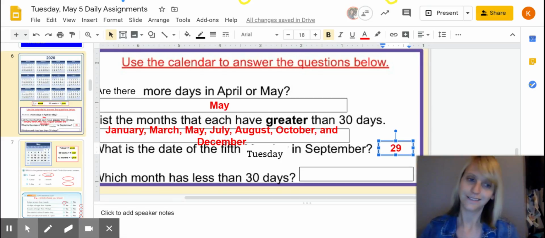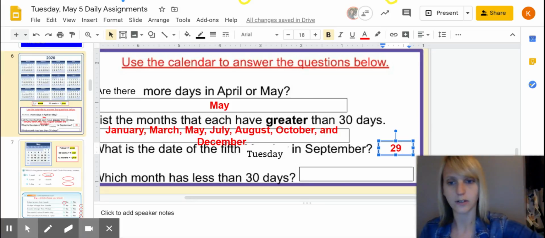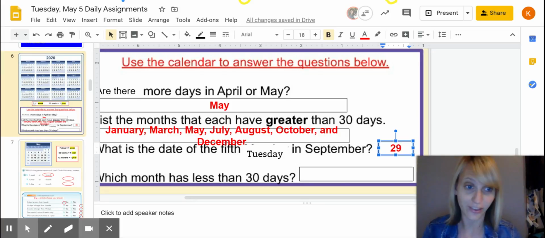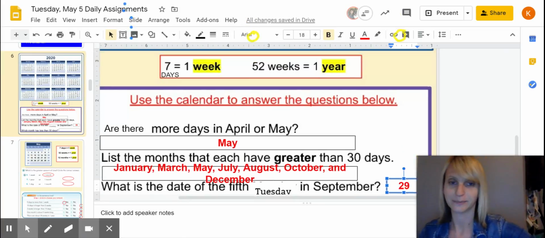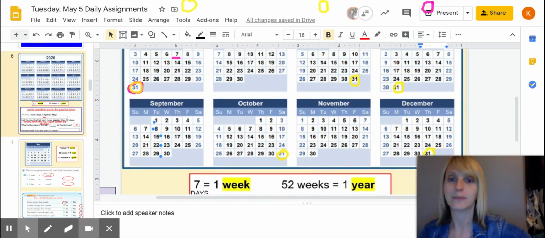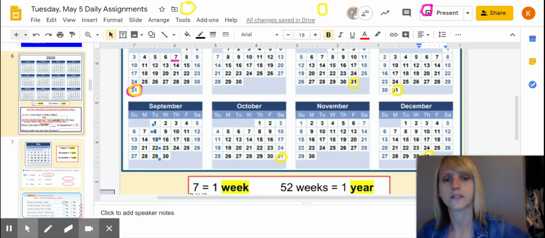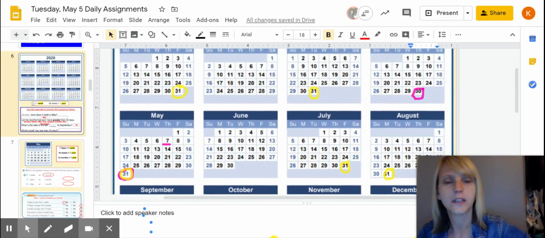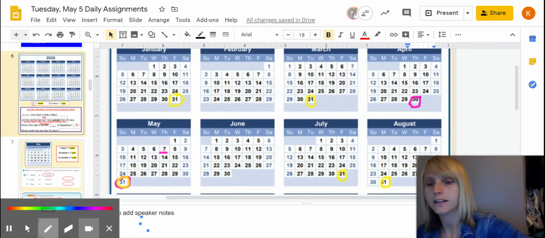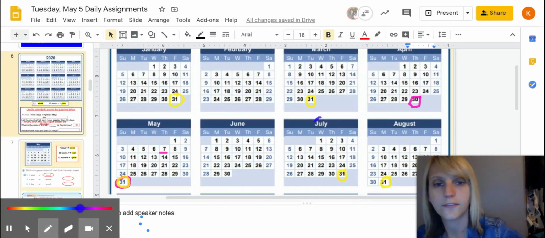And then, this will be nice, much easier. Which month has less than 30 days? Okay, so there's not too many of those. Remember, when it's saying less than 30 days, it's not asking for any that are 30. It's less than 30. So we're looking at 29 or 28 days. Let's go ahead and look around a little. I remembered that we had February.